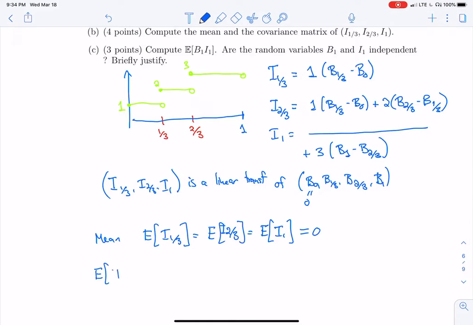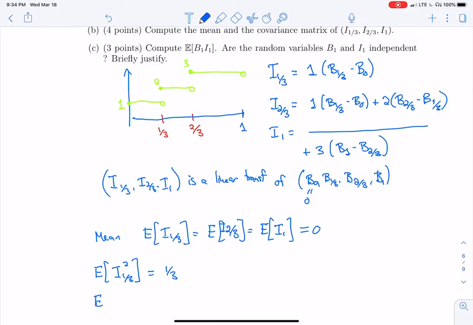Let's do I 1/3 squared. Well, I 1/3 squared is just the variance of the increment on 0, 1/3. So it's 1/3. Now what's the variance for I 2/3? Well, if I look at I 2/3, this increment is independent of this increment, so it's just the sum of these two. Okay, so it will be 1/3 plus 4, because 2 squared, so let's write 2 squared, times the length of the interval, which is 1/3.